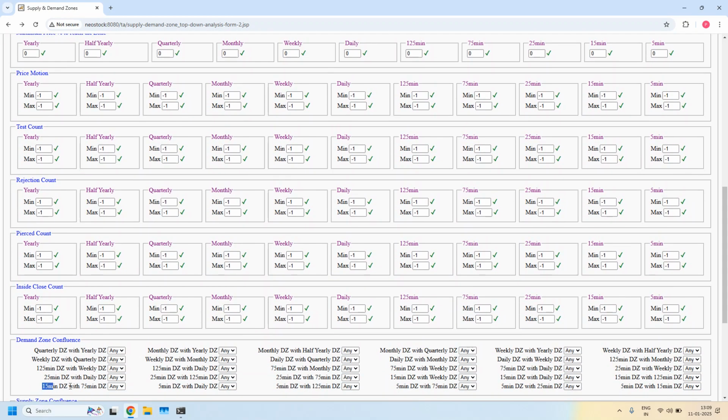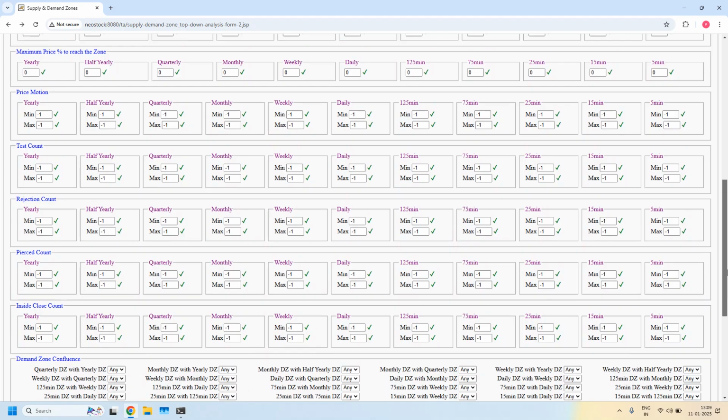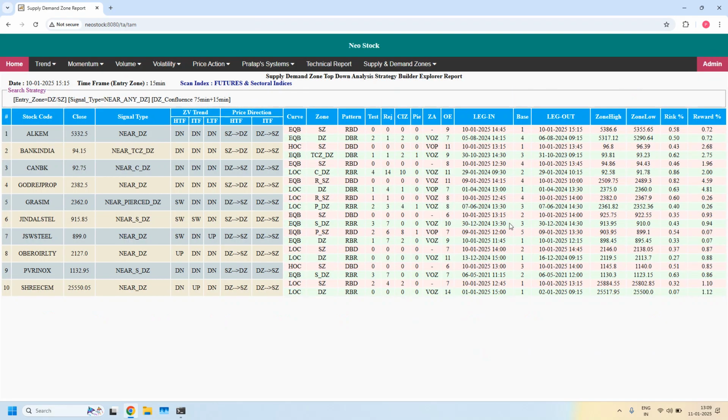I am setting the filter 15 minutes demand zone with 75 minutes demand zone confluence. 10 stocks are having ITF demand zone confluence. In these 10 stocks, this 15 minutes demand zone is part of the 75 minutes demand zone. And a couple of these demand zones are pierced, you can ignore them.